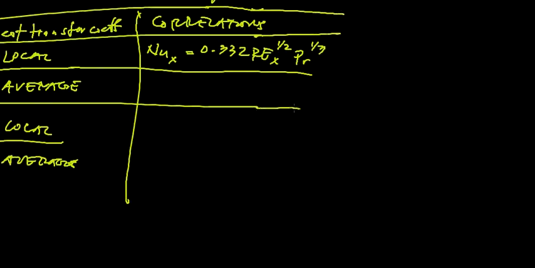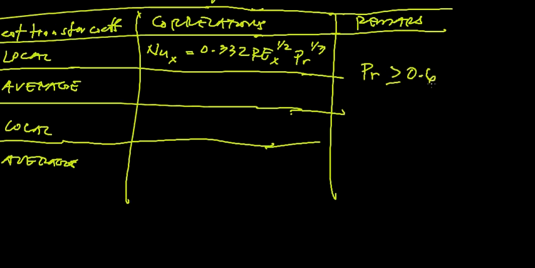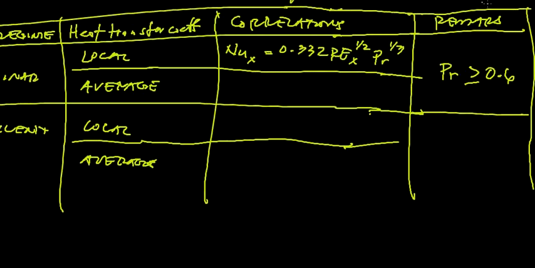So that is the correlation between the different dimensionless numbers. But we need to remember that this condition only applies if we have a Prandtl number that is greater than or equal to 0.6.